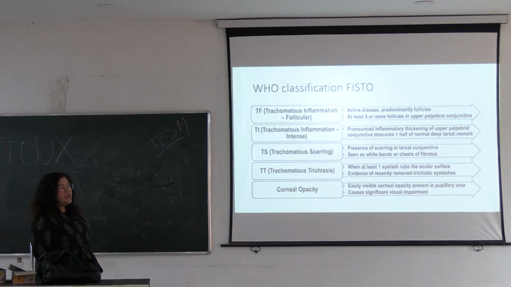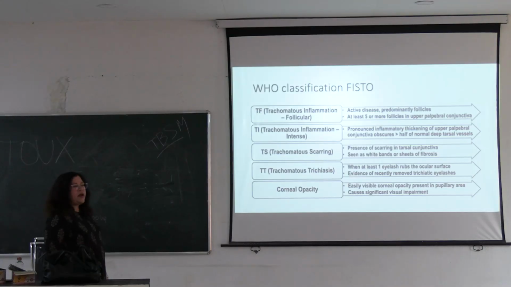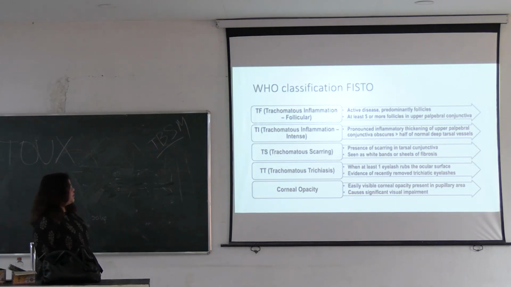Here there is pronounced inflammatory thickening of the palpebral conjunctiva, and more than half of the normal deep tarsal vessels are obscured. And S is for trachomatous scarring. Here there is presence of scarring in the tarsal conjunctiva, and it is seen as white bands or sheets of fibrosis.